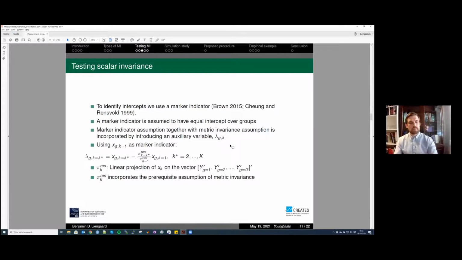When we test for scalar invariance, we do a similar procedure, but we need to incorporate some assumptions about a marker indicator to identify the intercepts in the model. I will not go into the specific details about this.